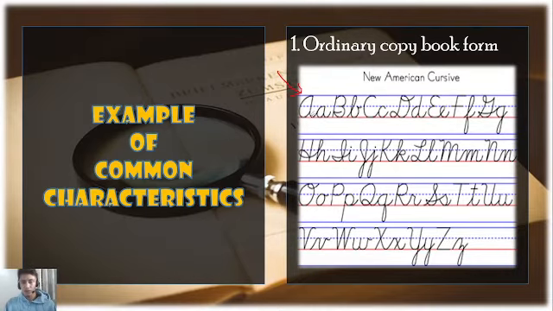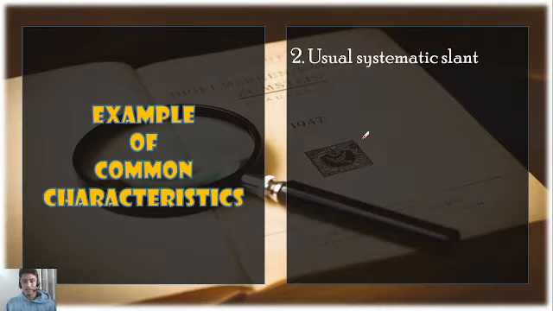So common po sa atin na kapag tayo ay nagsulat ng in cursive with letter A, common po na ganito ang size, ganito ang itsura, and then ganito ang style. So that is also another example of common characteristics or general characteristics.